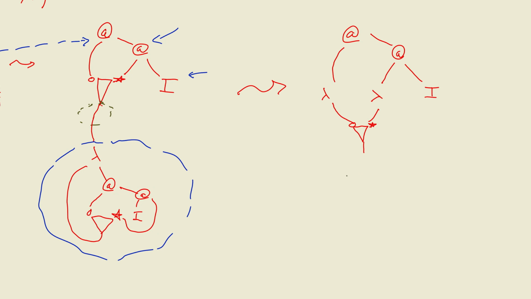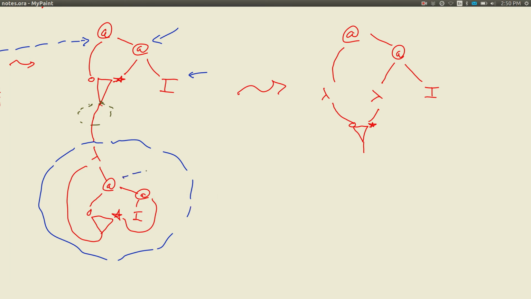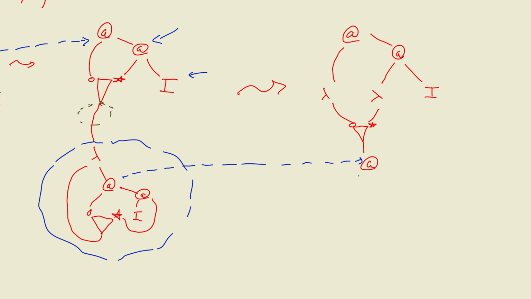Oops, I'm sorry. This piece here is what's here, because we've permuted the lambda over that fan out. So we have at, and this fan out is still there.